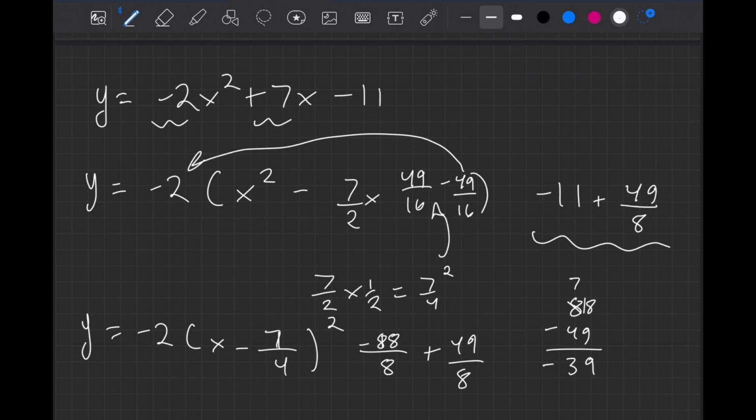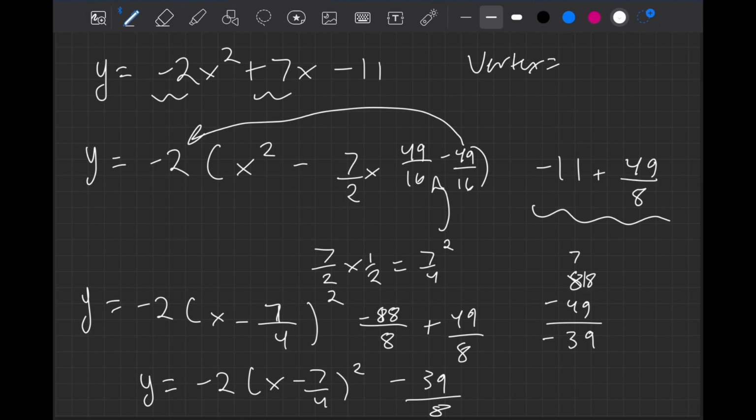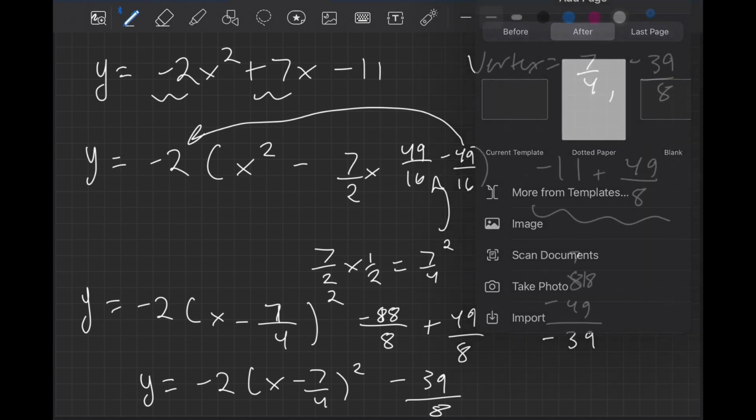So it's going to be y equals -2 times (x minus 7 over 4) squared, and then -39 over 8, and the vertex, I'll just write it here, will be equal to (7 over 4, -39 over 8).